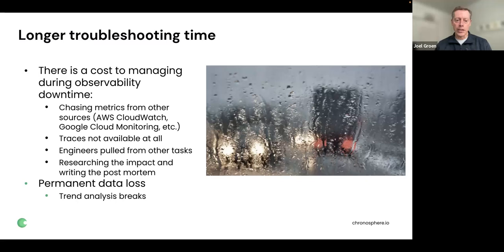Yeah, having worked with teams that have been in this situation where observability is either fully or partially impacted, there's a loss of confidence in what you can do that can paralyze an entire engineering org.